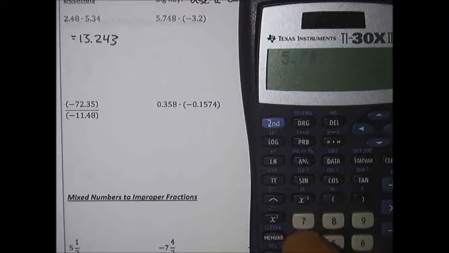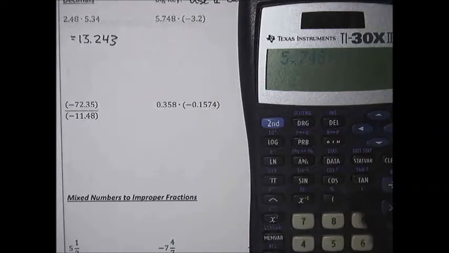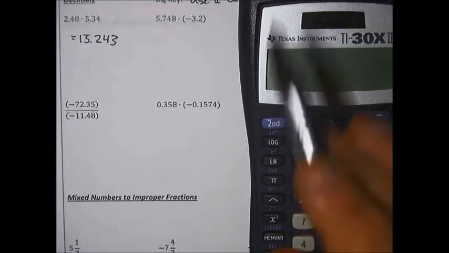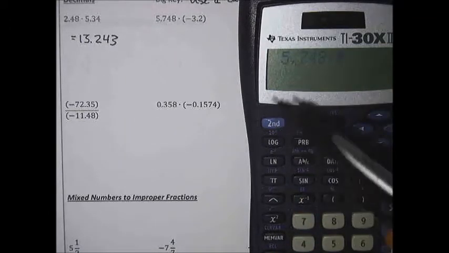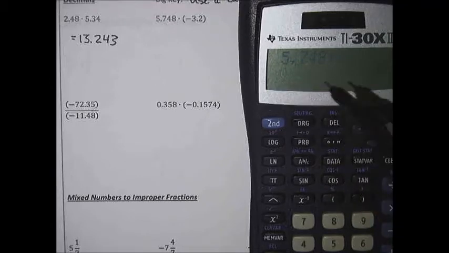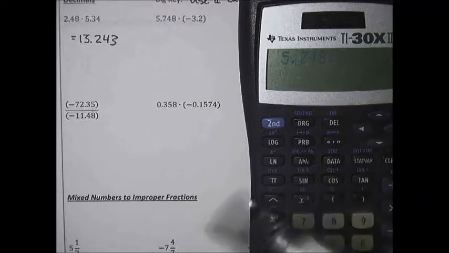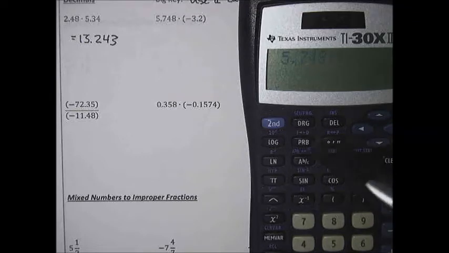So just to continue on these problems, a lot of times if I see a negative in there, I may not even put it in there because I know my rules. If the signs are the same, if they're both pluses or both minuses, my answer will be positive. If one's a plus and one's a minus or negative, then my answer is going to be negative. But I can write it in there. I can even put the fancy parentheses in there too. It's not a big deal.